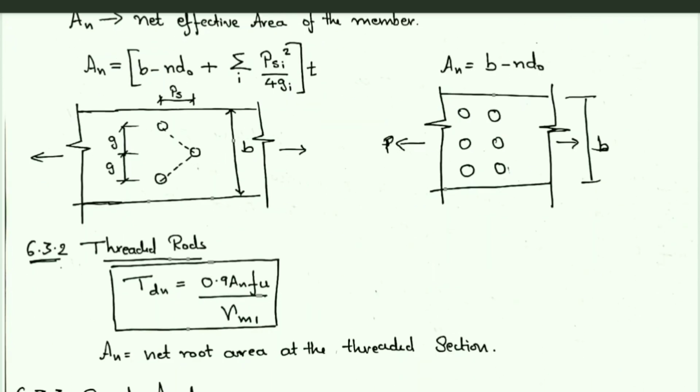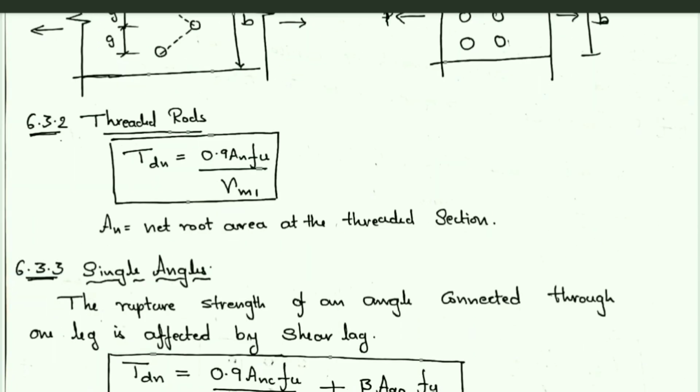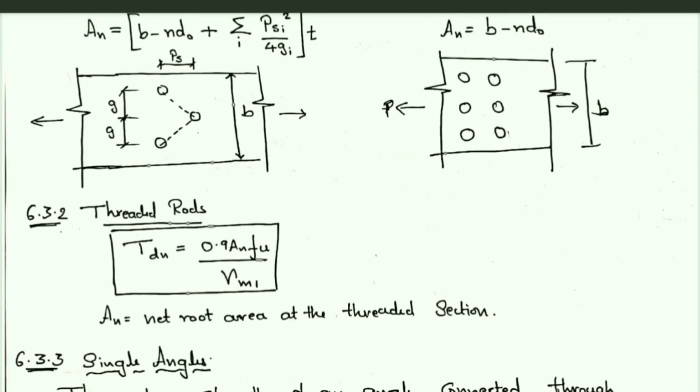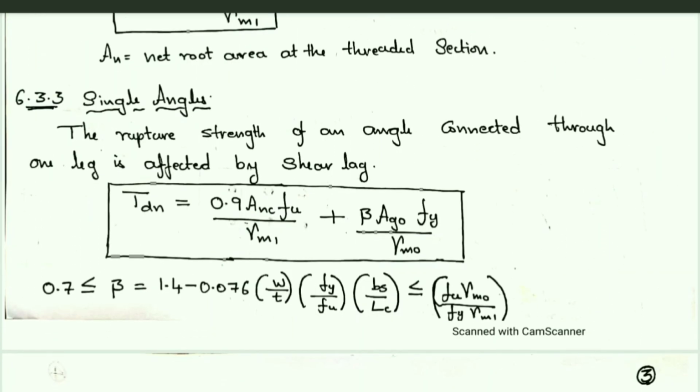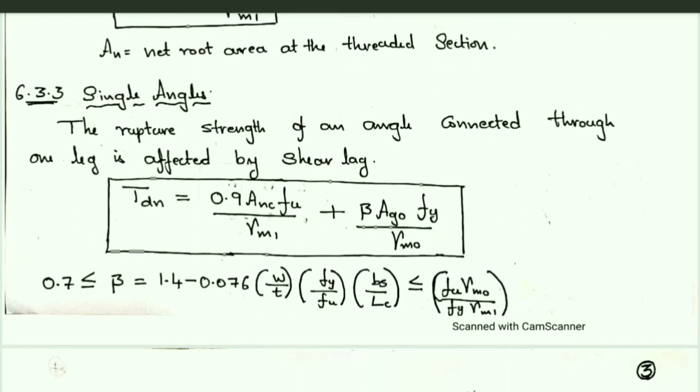Okay. And next one, if you use threaded rods as a member, then the net area rupture design strength TDN will be given by the same formula, and AN will be the net root area of the threaded section. If you use a single angle section, then TDN varies. TDN will be equal to 0.9 Anc Fu divided by gamma M1 plus beta into Ago Fy divided by gamma M naught.